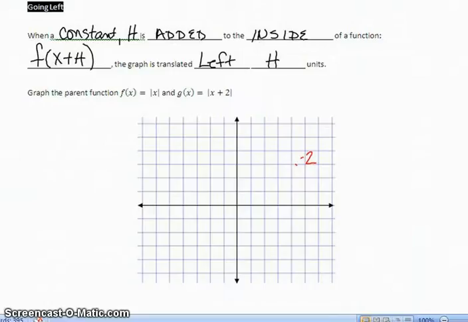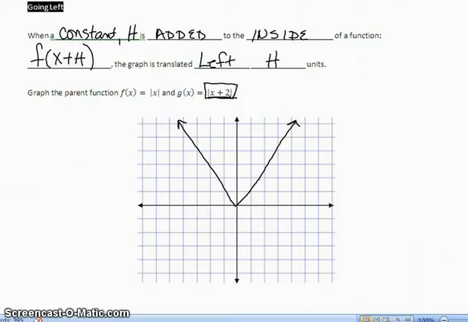So my graph, and once again I didn't erase very well, let me take care of that. First, let's start by graphing the parent function, f of x equals the absolute value of x. That parent function begins at the origin and is a v. Next, we're going to notice that I've got plus 2 inside those absolute value symbols.